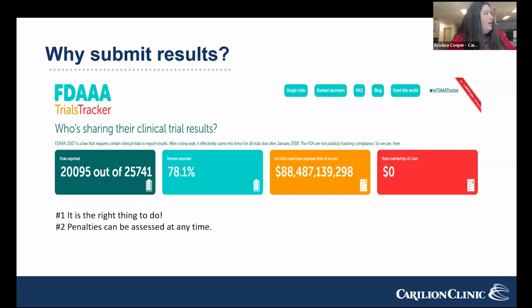So a little over 78% are in compliance. The other almost 22% are out of compliance. Out of that 22%, $88 billion could have been claimed. Don't tell Elon, but it has not so far. This is still at zero.